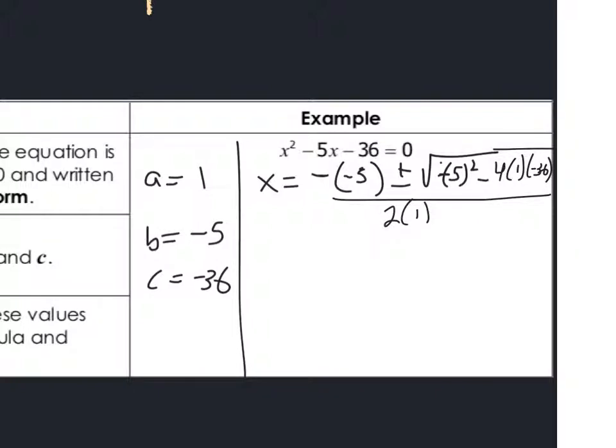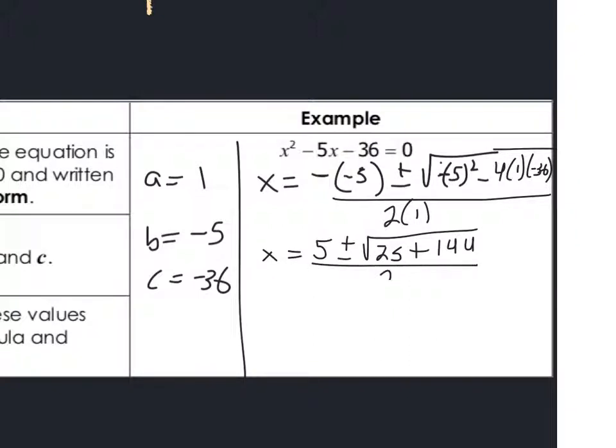From there you would simplify, and you'd be doing most of this on a calculator. So x equals negative negative 5 turns into a positive 5, plus or minus. Inside the radical, negative 5 squared is 25, and negative 4 times 1 times negative 36 is a positive 144.